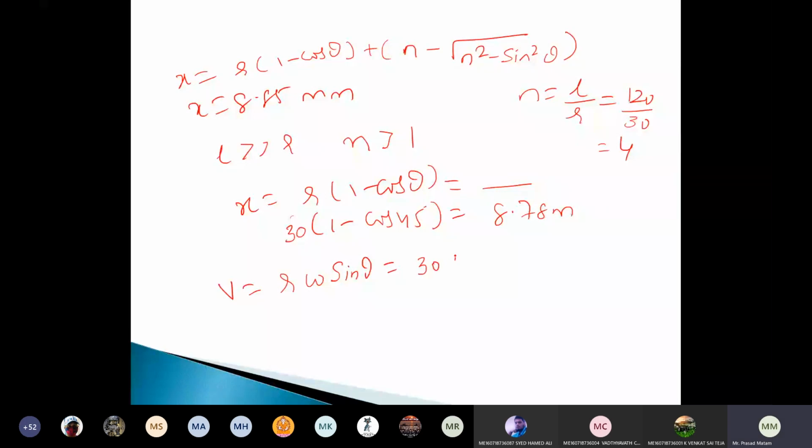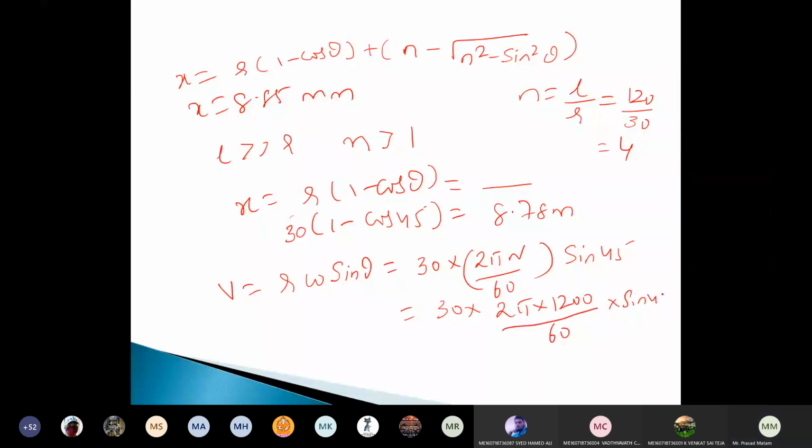Substitute all the values. 30 into, what is the omega formula? Angular velocity of the crank: omega is nothing but 2 pi N by 60, into sin 45, which is equal to 30 into, what is the speed of the engine? 1200 rpm. That is the speed of the crank, into sin 45 degrees. Solve this and give me the answer for velocity, please.